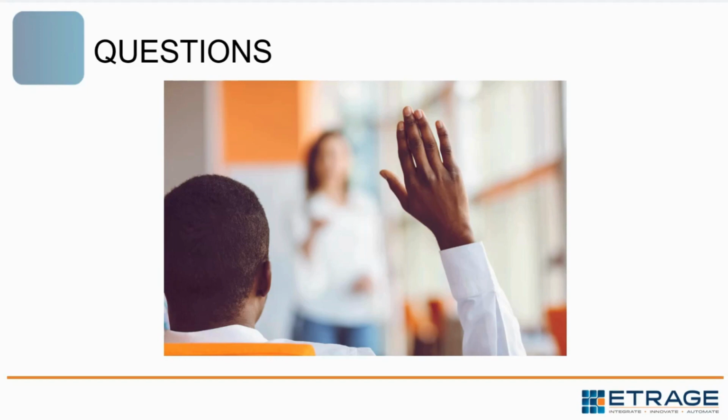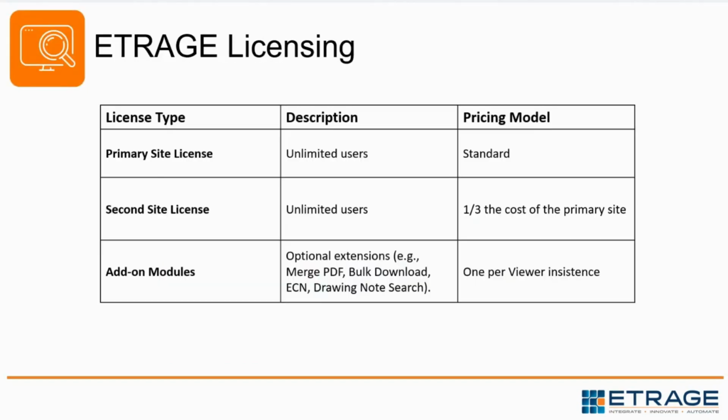While we wait for those to come in, we'll cover some licensing. One of the ways ETRAGE keeps license management simple is having it based on site licenses. That does not apply to remote workers. It's primarily tied to manufacturing facilities. And we have models to fit any situation you're running into.